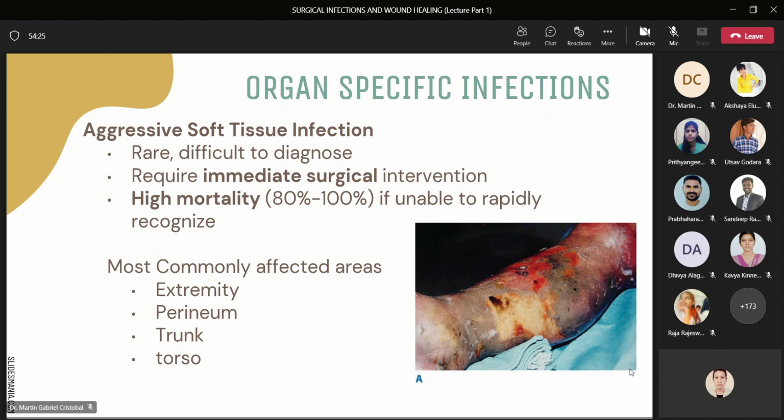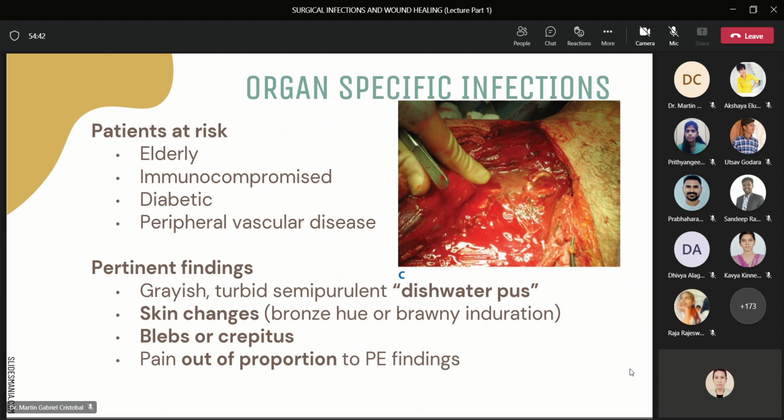Even with expedient therapy, mortality remains high, reaching up to 16 to 24%. The most commonly affected areas are the extremities, perineum, trunk, and torso. The patients at risk are the elderly, immunocompromised, diabetics, and patients with peripheral vascular disease.